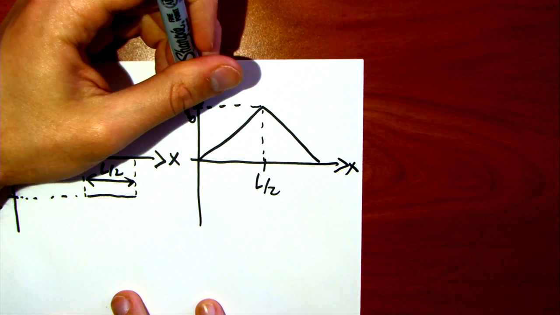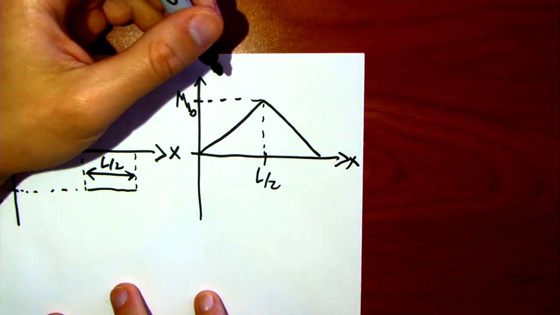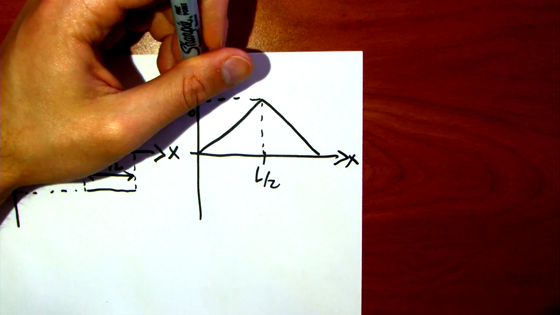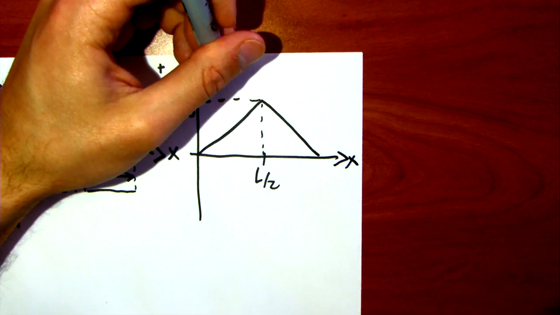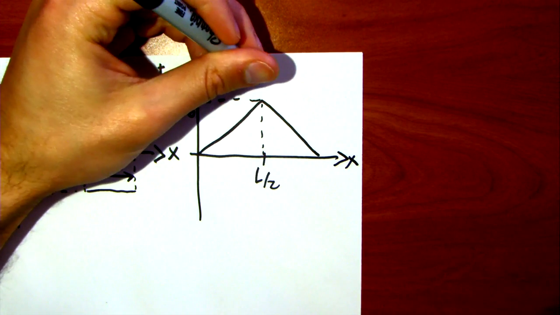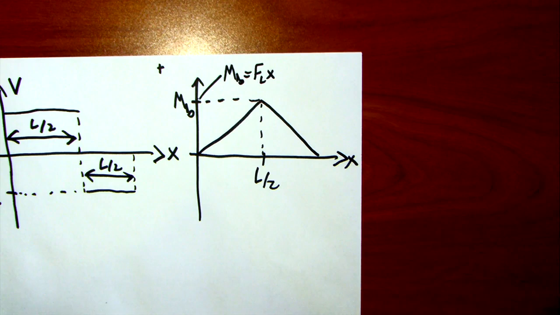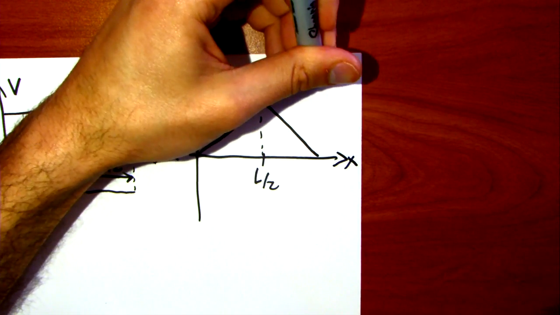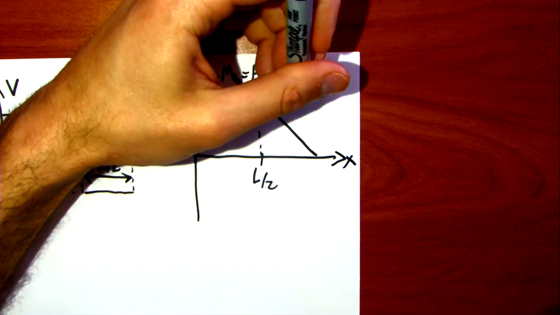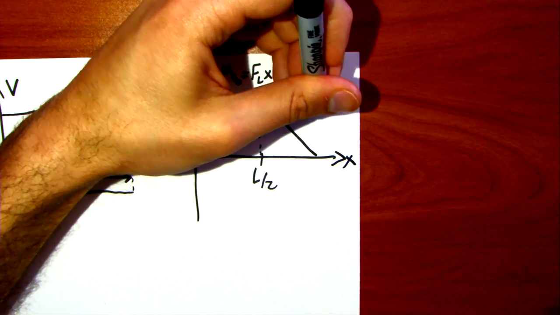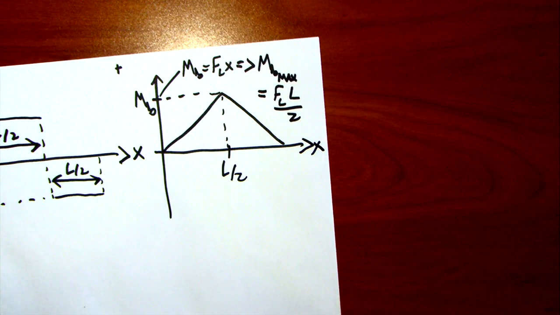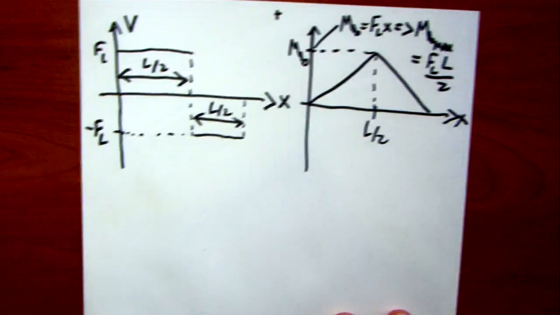The maximum will be in the center, and I can tell you exactly what that is because I know that MB equals FL times X from 0 to L/2, right? So at a maximum, MB max, if you will, equals FL times L/2, or PL/4 if you want it in terms of your applied load. Cool.